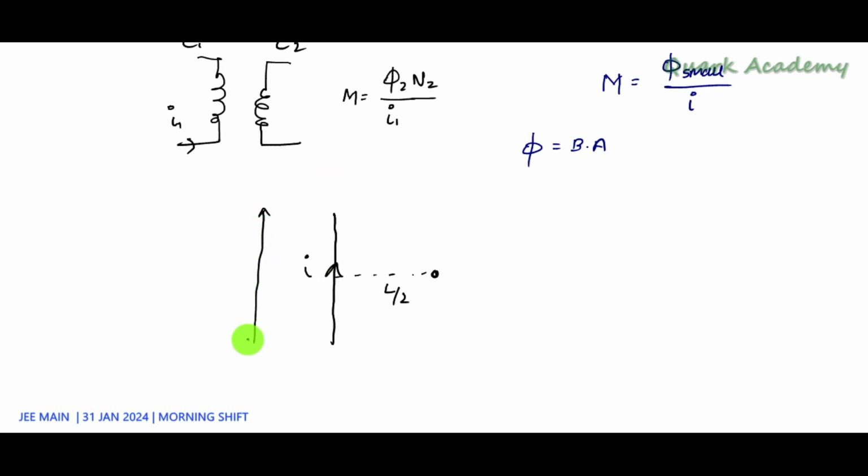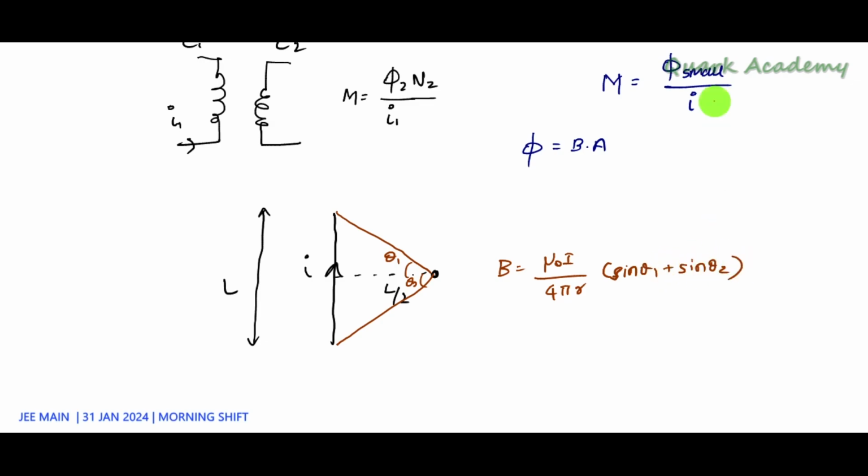The side length is L. There is a standard expression for the magnetic field due to this wire. If this is theta 1, this is theta 2, then the magnetic field is given by mu naught I by 4 pi r into sine theta 1 plus sine theta 2.